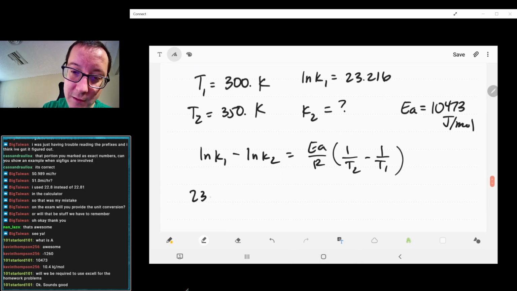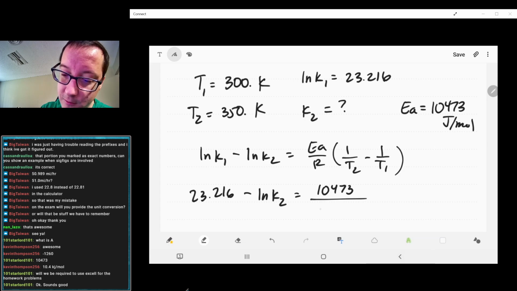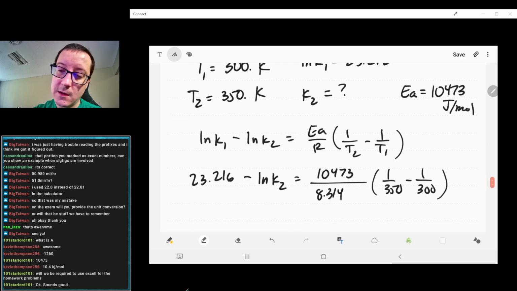We have 23.216 minus natural log of K2 would be equal to 10,473 over 8.314 times 1 over 350 minus 1 over 300. I'm omitting the units. I hope that's okay, because we're going to have a natural log anyway, so it's not going to have units, so everything should cancel out here.